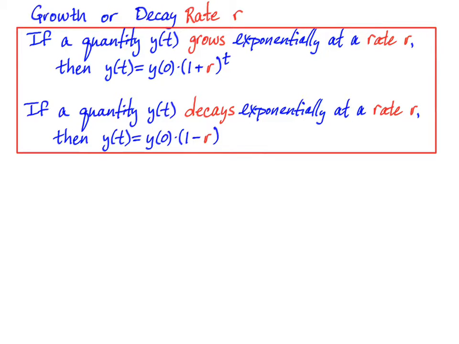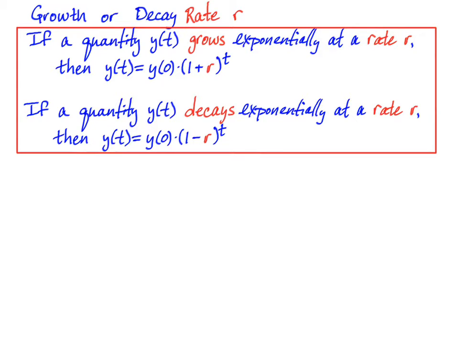Sorry, there's not a t there. There should be a t. There we go. So the growth rate, we just add it to 1. If it's a decay rate, we subtract it from 1. And now we know how to build the function from just the information given to us.